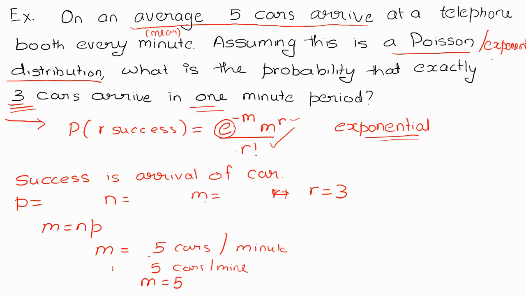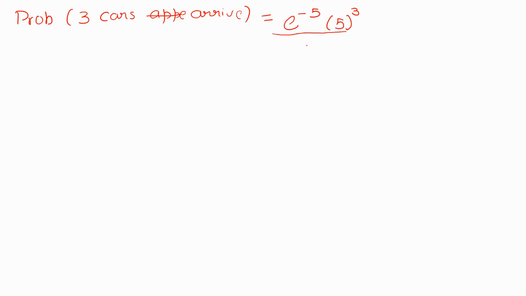Now I have my m value, I have my r value, so I can find this. The probability that exactly three cars arrive will be: e raised to minus 5, then 5 raised to r, r is 3, divided by 3 factorial.